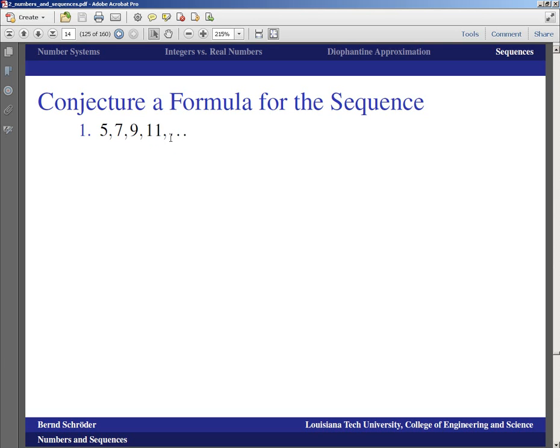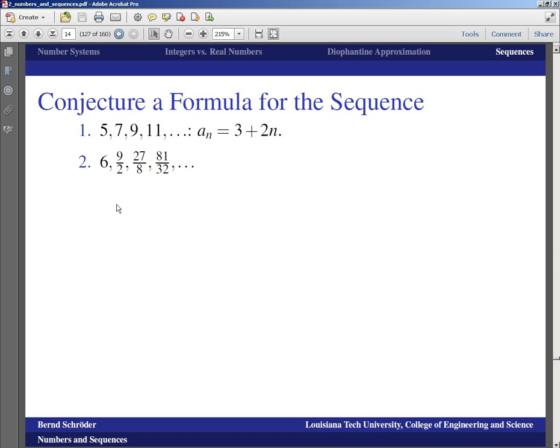And as a formula, what would I need? I need odd numbers. Well, odd numbers are of the form 2k plus 1. And if k equals 1 is here, then this should actually be 2k plus 3, I think. And if I write that down as a sub n, well, then it's 3 plus 2n, but that's the same thing as what I've just said.